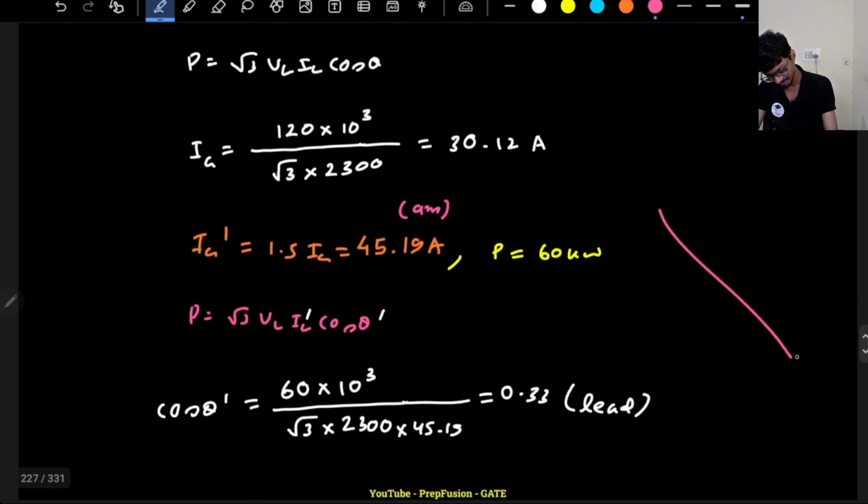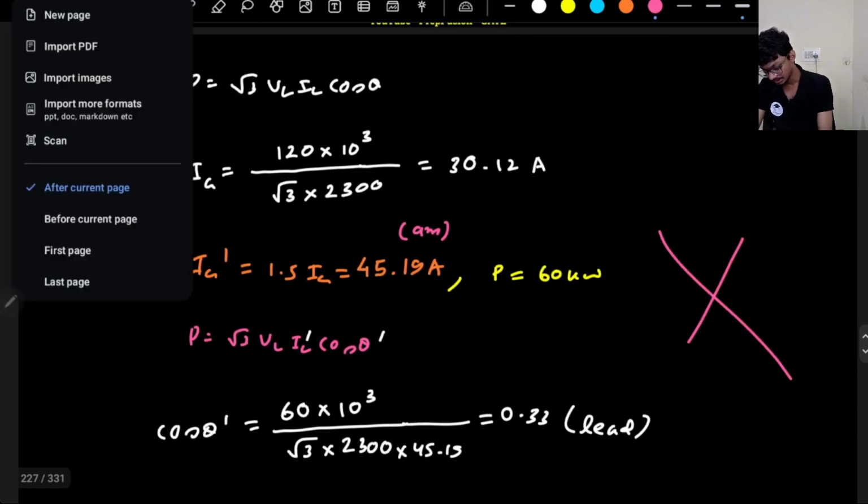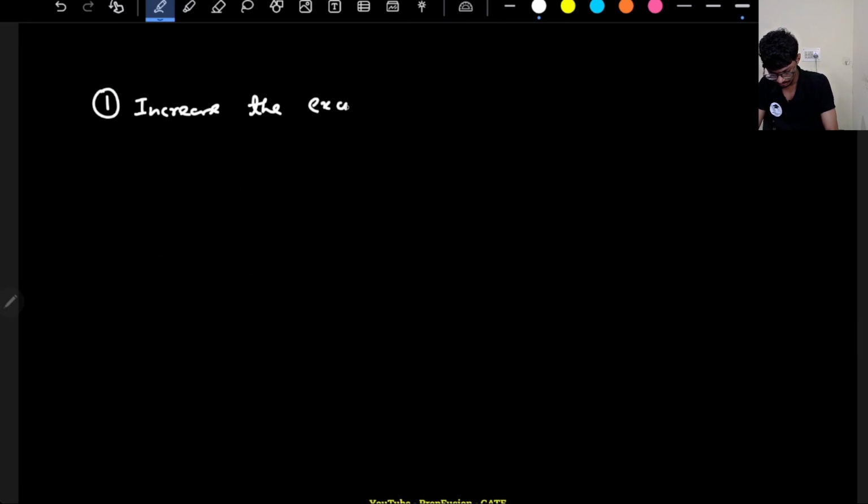So what they're telling me, first point, increase the excitation. So IA dash becomes 1.5 times of IA.